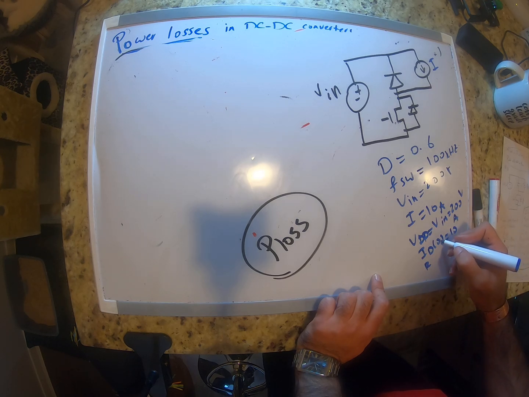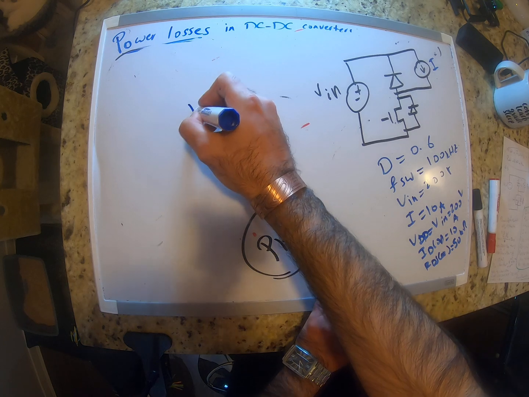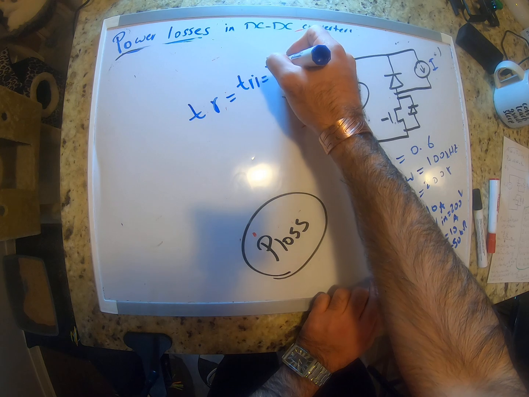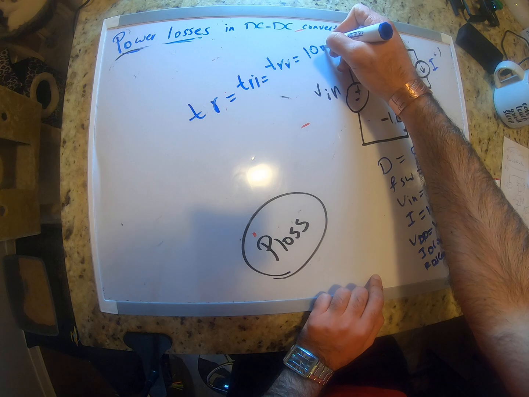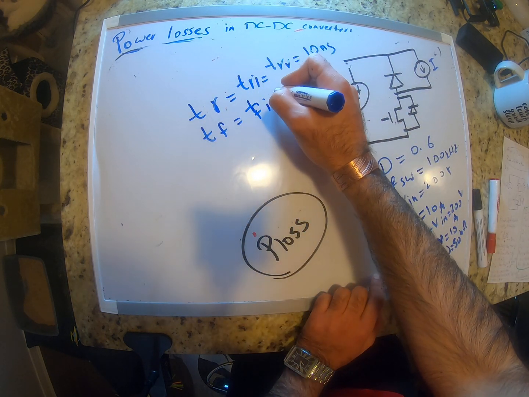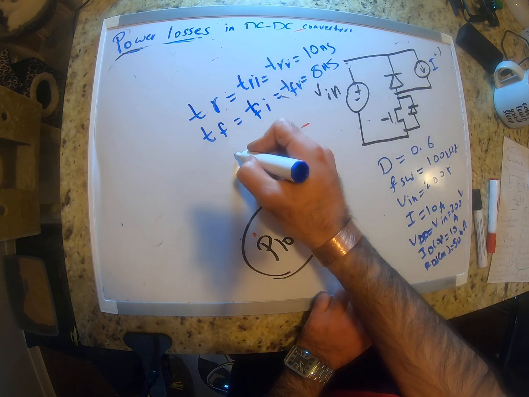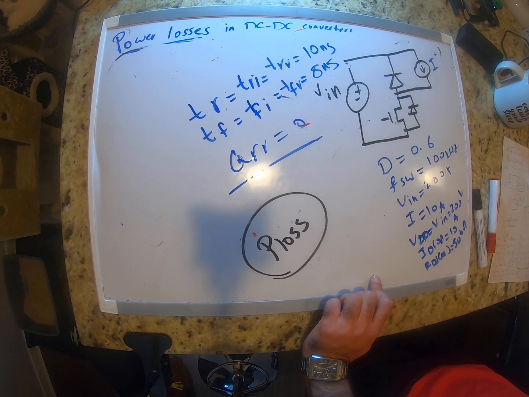R_DS(on) is equal to 50 milliohm. t_rise for current and t_rise for voltage are equal to 10 nanoseconds. And t_fall for current and t_fall for voltage are equal to 8 nanoseconds. And Q_RR, you can assume it's 0. Let's not worry about the other switching losses.